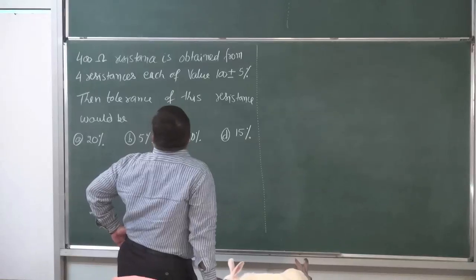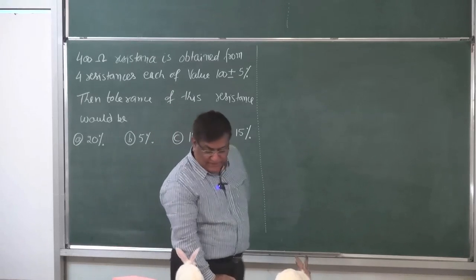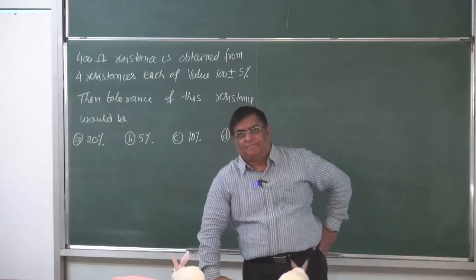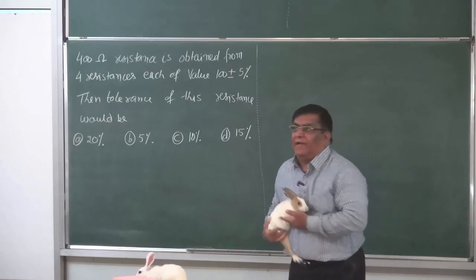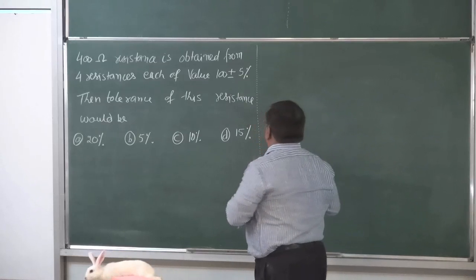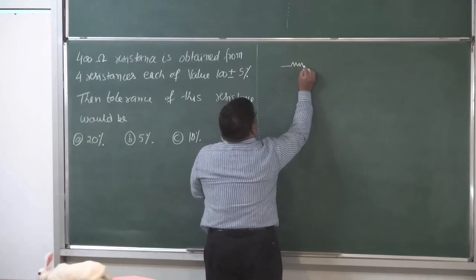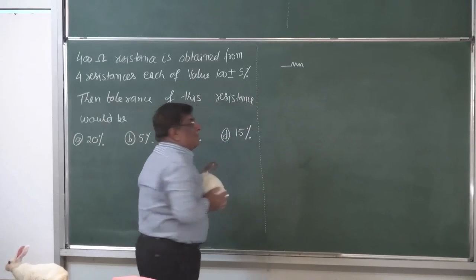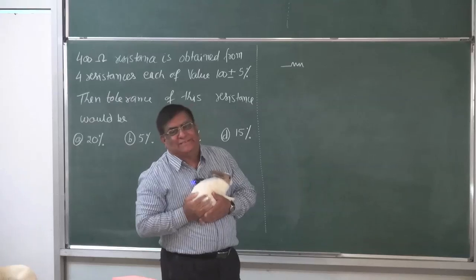400 ohm resistance is obtained from 4 resistances, each of value 100 plus minus 5%. We have 4 resistances and we have to make 1 resistance out of it. We know how to make 400 ohm from 100 ohm each. We have to put them in series.